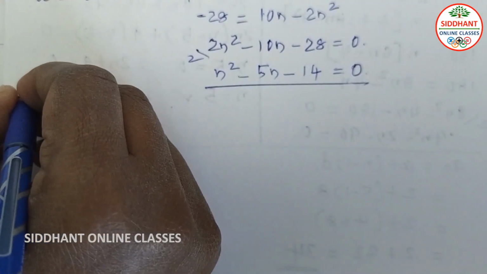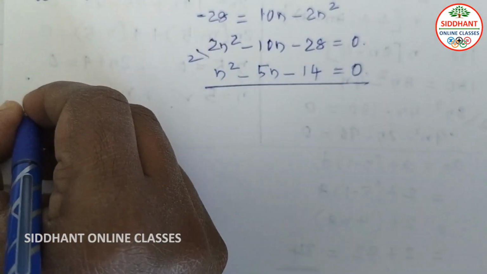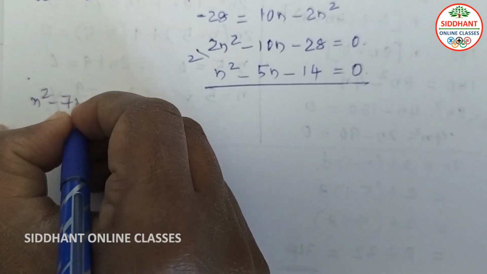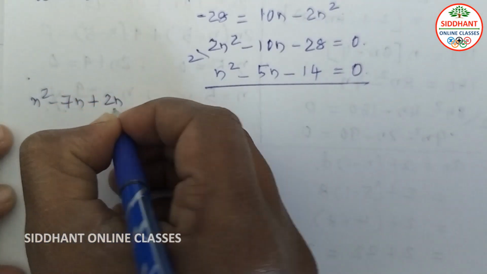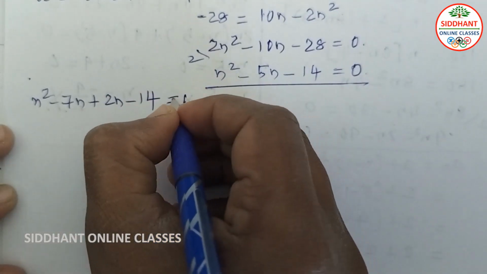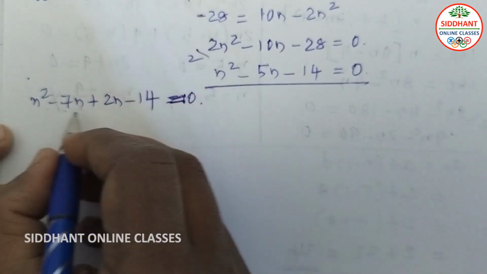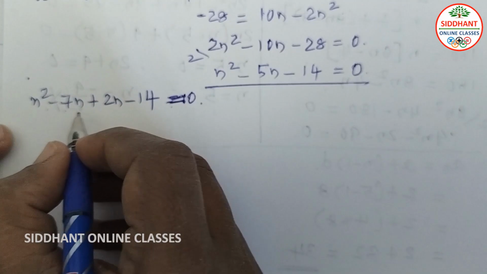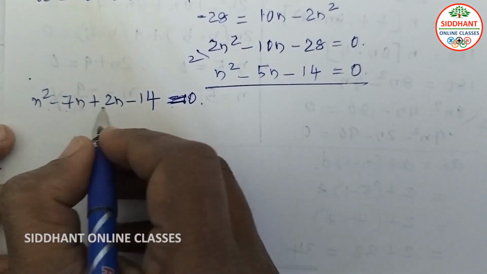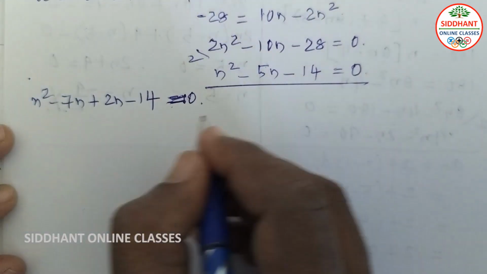So n square minus 5n minus 14, factors: n square minus 7n plus 2n minus 14 equal to 0. Here minus 7n plus 2n is minus 5n, and minus 7 into 2 will be minus 14.